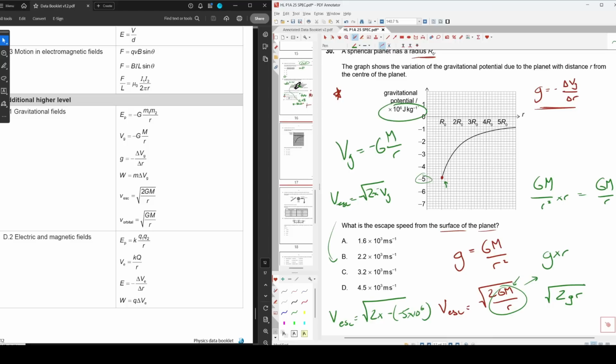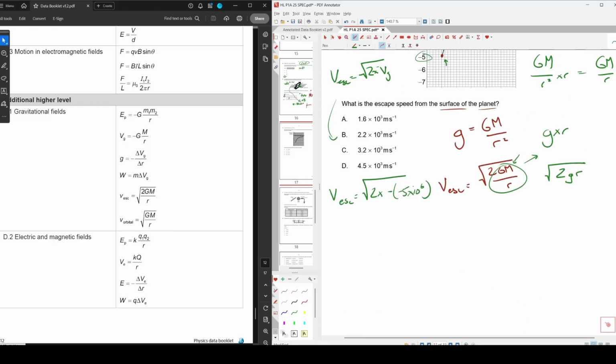So 10 times 10 to the 6. So we want to just do the square root of 10, which is 3 something. So what is this going to be? C, I betcha. We should get 3.16 times 10 to the 3. So that's C.